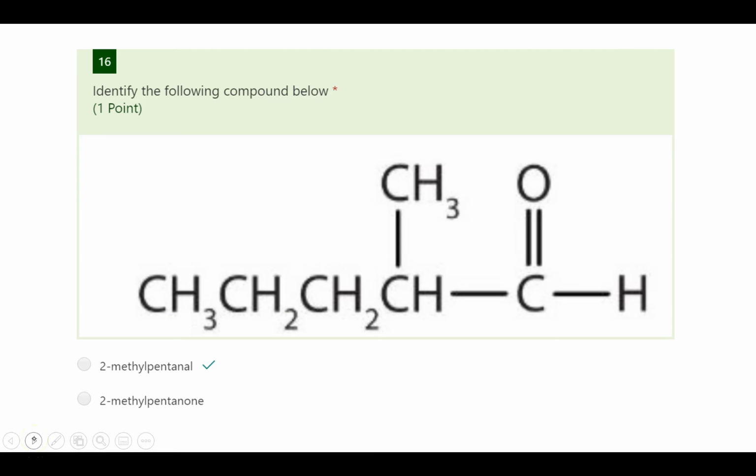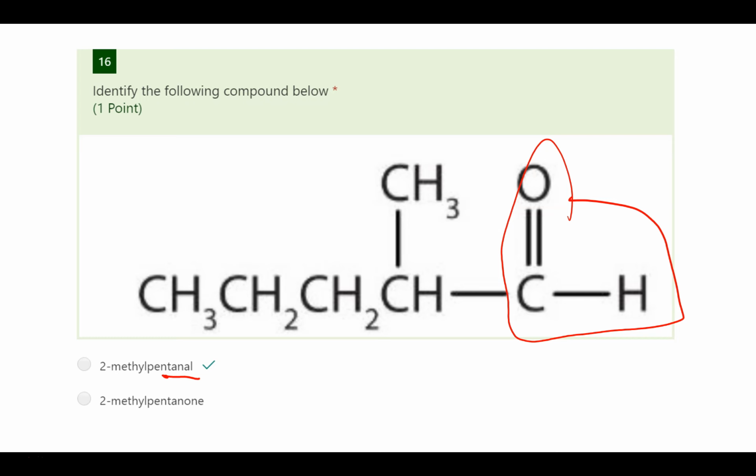Identify the following compound below. This is the pentanal. You know it's an -al because it's on the terminal carbon. So the functional group here is a carbonyl group, and it's a carbonyl group on the terminal carbon, the end one.